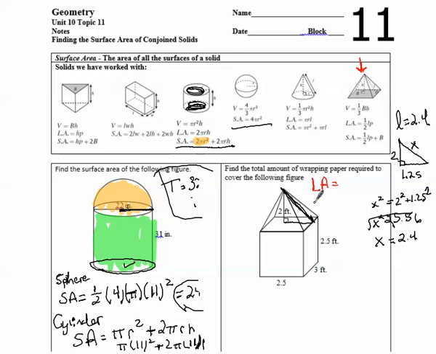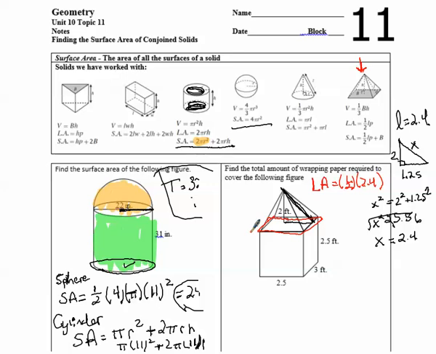So with slant height 2.4, I've got 1/2 times my slant height, so that's a 1/2 and a 2.4, times the perimeter. The perimeter is this plus this plus this plus this, so 2.5 plus 3 plus 2.5 plus 3, or 2 times 2.5 plus 2 times 3.